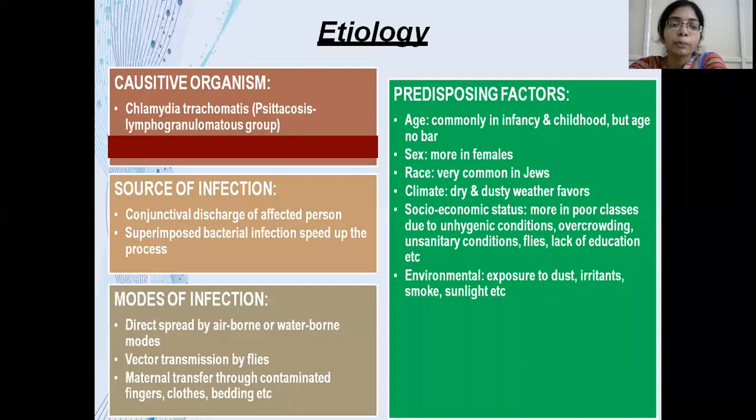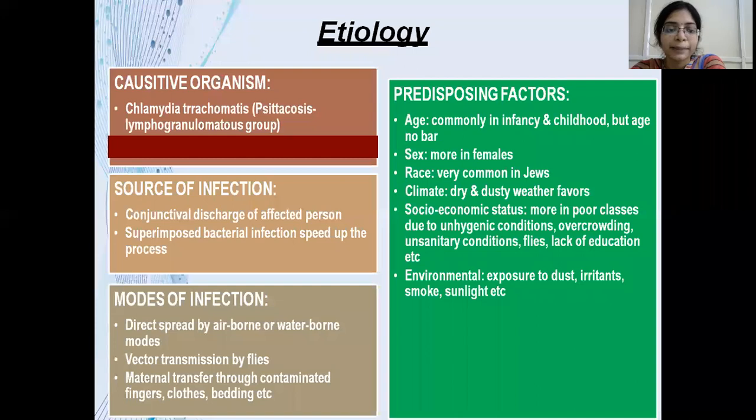Now, coming to the modes of infection, this trachoma is primarily spread by either airborne or waterborne modes, and then also very important, especially in endemic areas where there is overcrowding and unhygienic conditions, there is an abundance of flies. So vector transmission by flies is also very important. Then there is also transfer. I'm sorry, that's a spelling mistake.